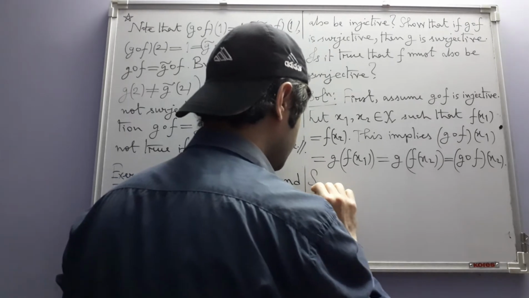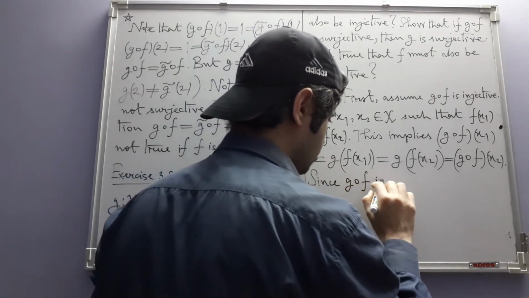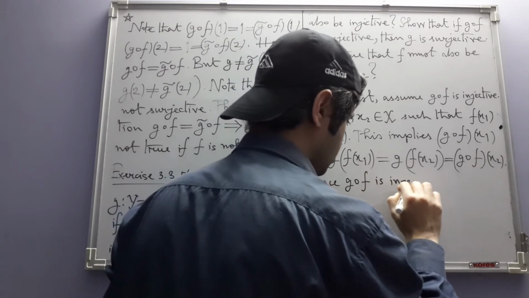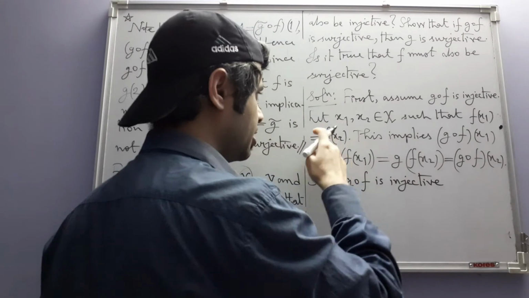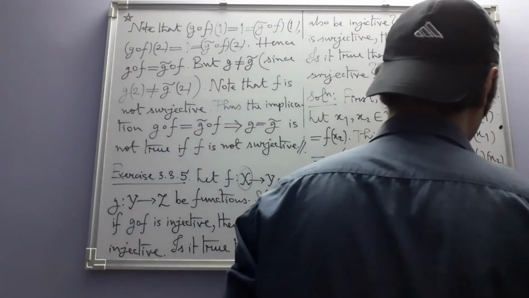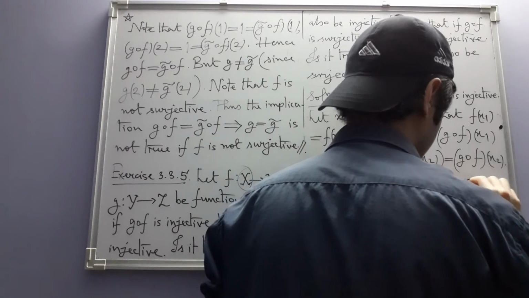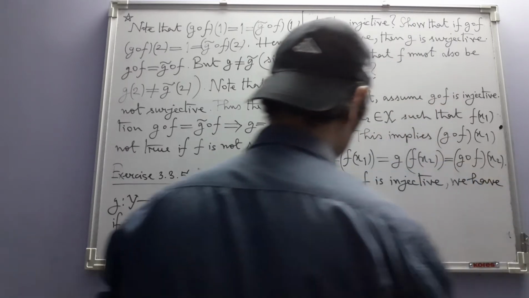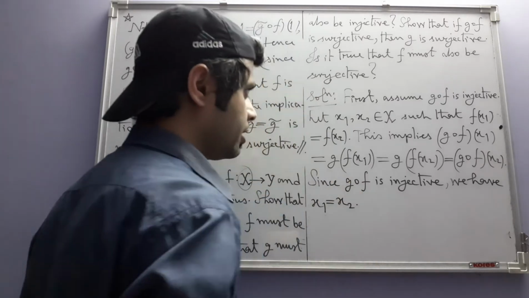So since G composition f is injective and it has capital X as its domain, we have x1 equal to x2.